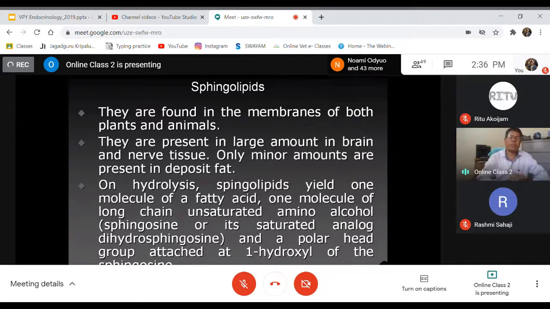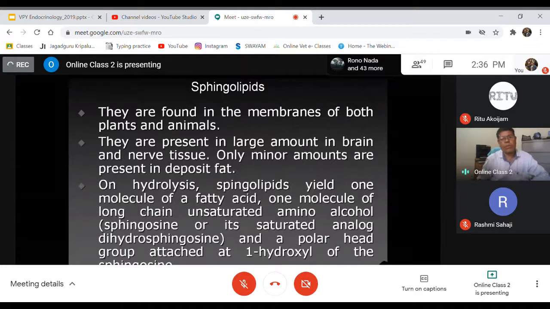On hydrolysis, sphingolipids yield one molecule of the fatty acid, one molecule of a long-chain unsaturated amino alcohol, which may be the sphingosine or its saturated analog, that is the dihydrosphingosine, and a polar head group attached to one hydroxyl of the sphingosine.